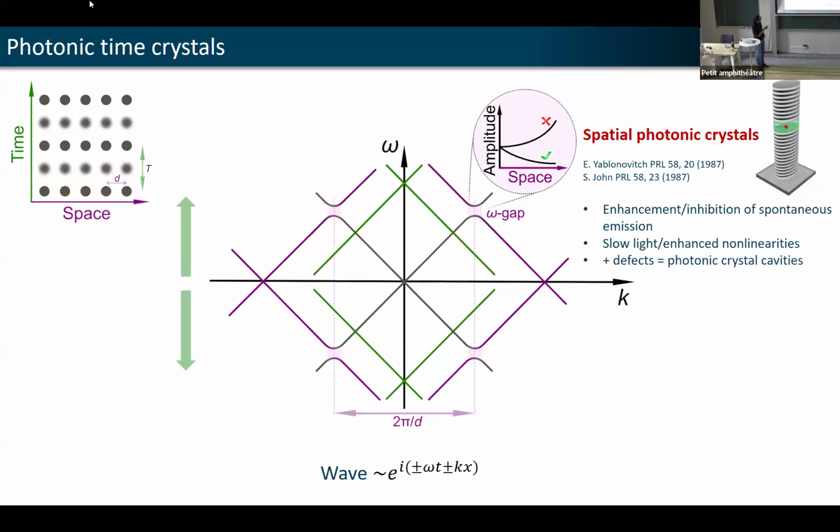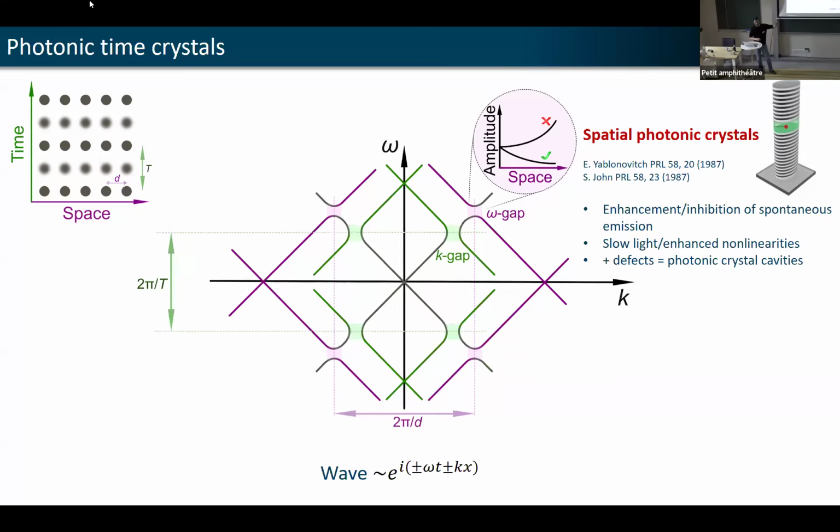So if you do this, you will also have replicas of your original band structure here, which are shifted now along the frequency axis, okay, not the momentum axis. They will cross the original dispersion again here. They will open a gap, but because you have exchanged space and time, momentum and frequency, now the gap is a momentum gap. Okay, and you can do the same.